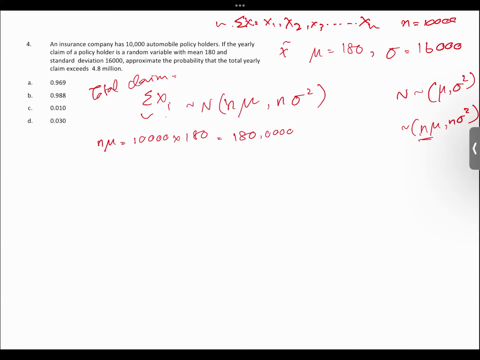Now n sigma square is equal to 10,000 into, what is sigma square? Wait, I'm doing something wrong.